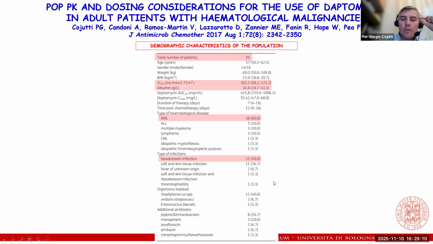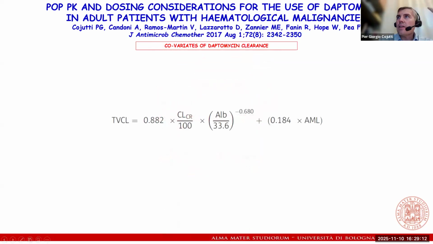You know that over the years there was an increasing tendency to use higher doses, 8, 10 milligram per kilogram of daptomycin, but on which basis do I select 6, 8, 9, 10, or even 12? Well, the response may be found in the combination of factors that may affect daptomycin clearance.